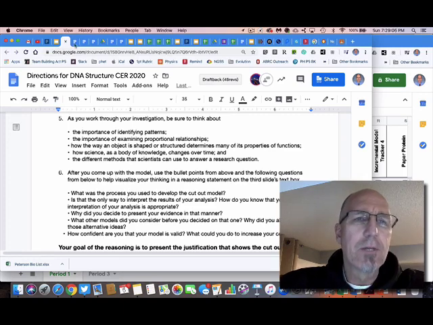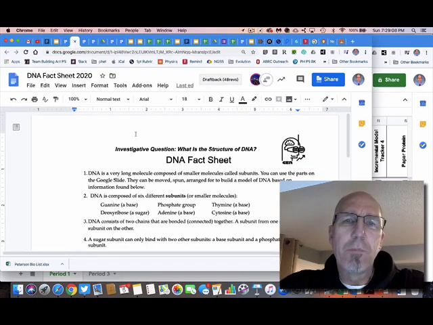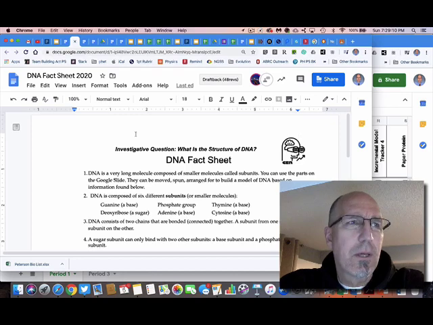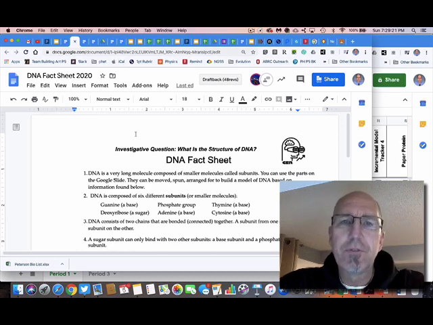And then the fact sheet. I keep going back to this because, at times in science, you only know so much. In the early 1950s, I know that was a million years ago to you, scientists only knew so much, and they only had so many tools. Some of their tools were pretty substandard. One of the students asked after they watched the DNA screencast, how did they figure that out?